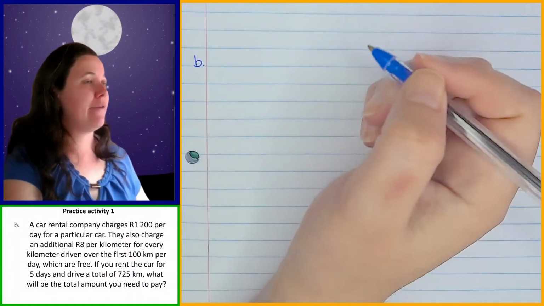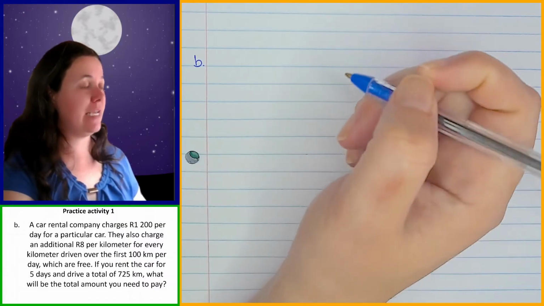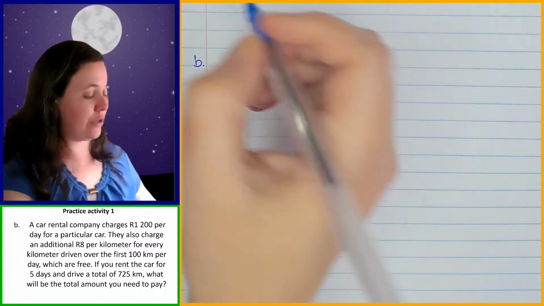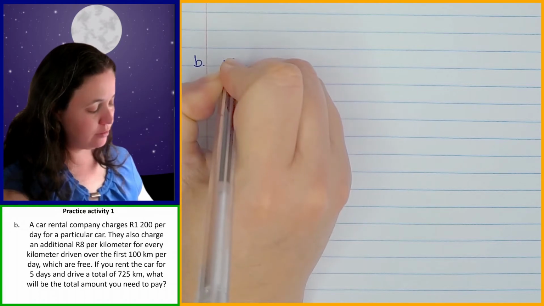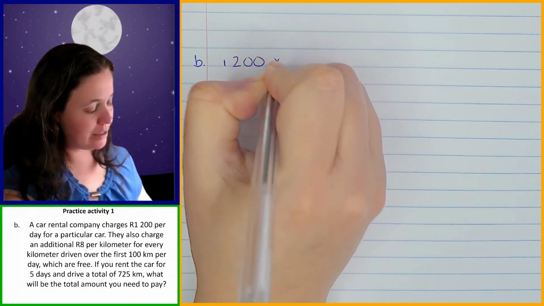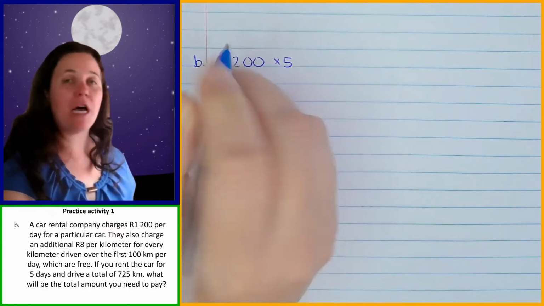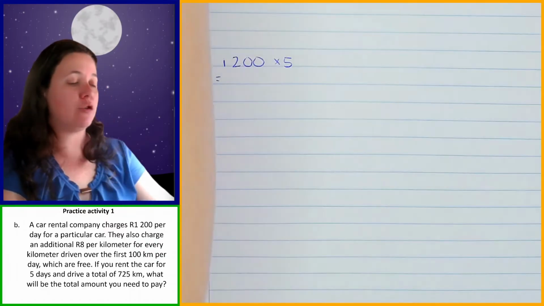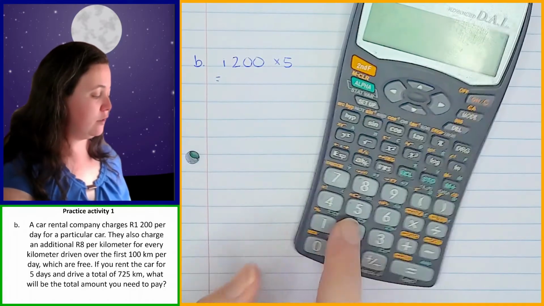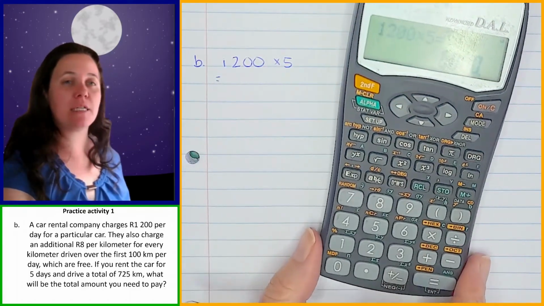Okay, so they've rented it for a total of 5 days, and it's 1,200 Rand per day. So we're going to take that 1,200 and multiply that by 5 to find out how much it costs to rent the car without worrying about kilometers that have been driven. Okay, so 1,200 times 5 gives you 6,000 Rand.